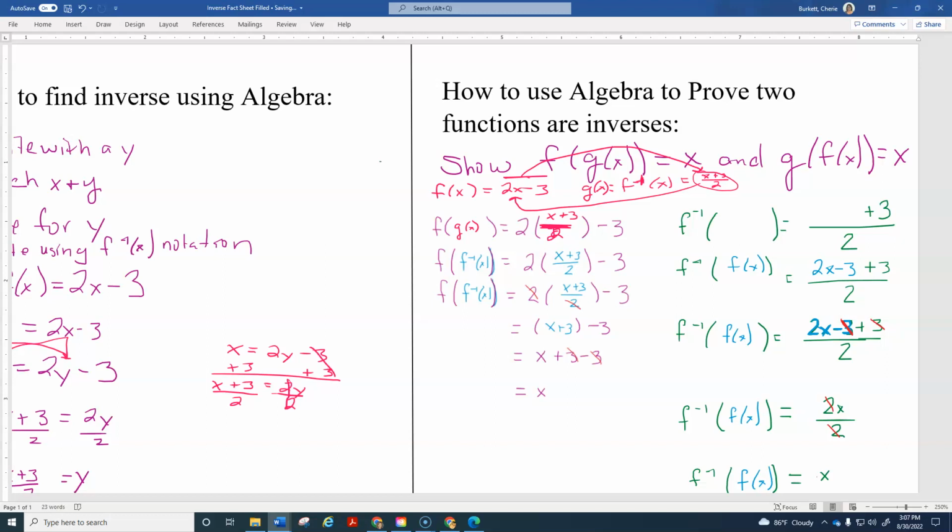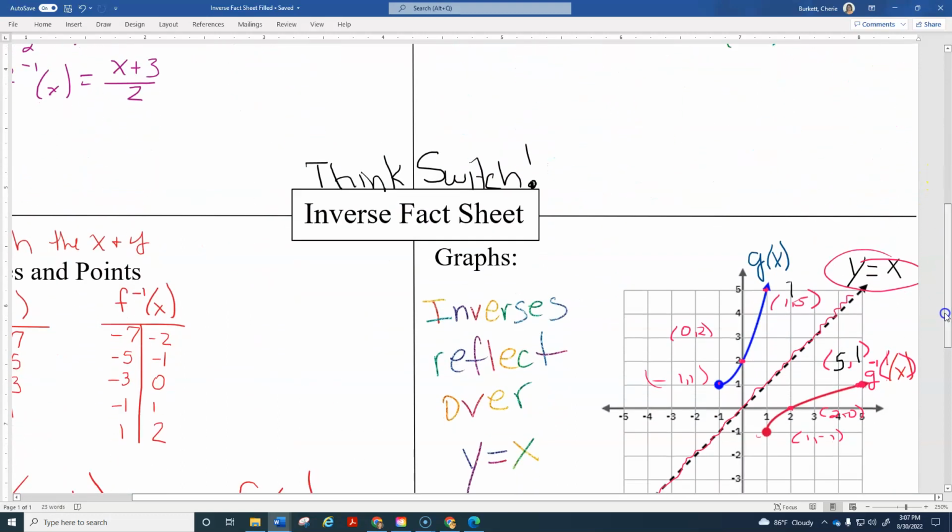So again, we're still going with the idea of switching, because the first time you plug one function into the other, then you switch it and you plug the other function into the other one. So remember the idea behind inverse functions. If you see inverse, you think switch.